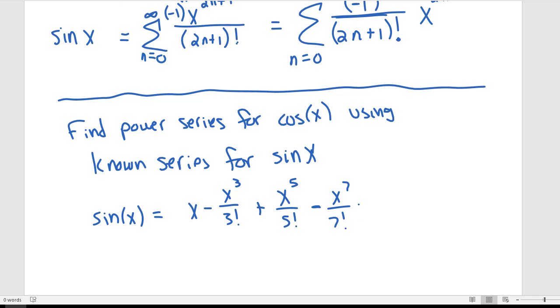And so that is equal to the sum of negative 1 to the n over 2n plus 1 factorial, x to the 2n plus 1. There's our closed sigma form, as n goes from 0 to infinity.